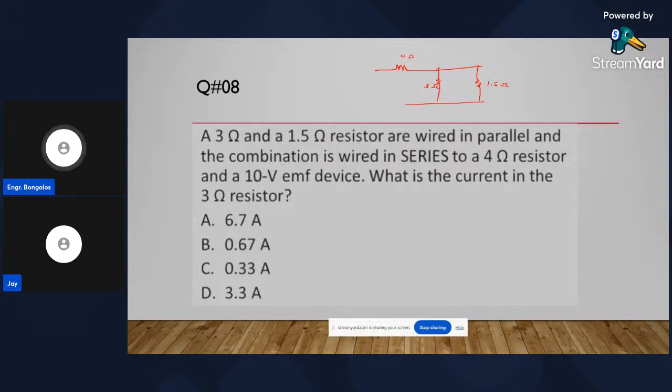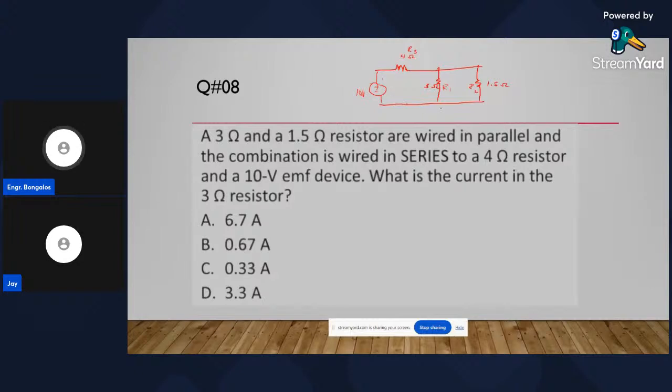Then, connected daw sila sa 10 volt na device. Yan. So, 10 volts. So, let's say, yung 3 ohms natin is yung R1, then yung 1.5 natin is R2, R1, R2, and R3.